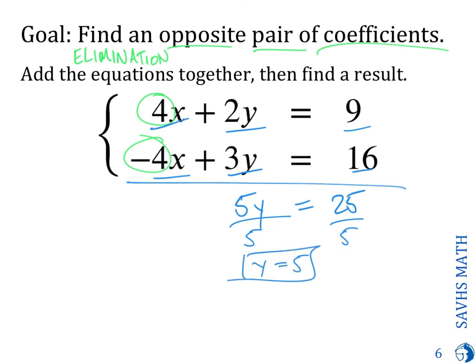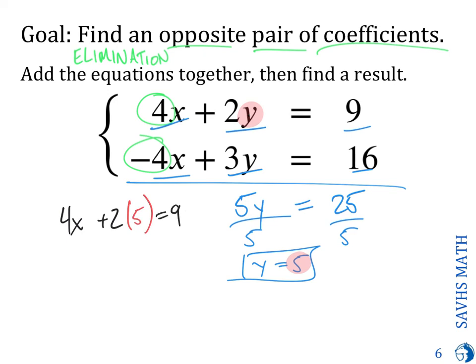Ooh, that's nice. Now you can take this 5 and again just substitute into, it doesn't matter which equation you use, but substitute that in and then solve for x. So I'm going to do that over here, and we get 4x plus 2, but this time I'm going to write 5, equals 9.